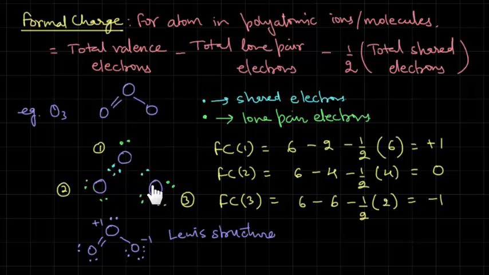The number of shared electrons is 2, half of it is 1. So 6 minus 6 minus 1 comes out to be minus 1. So this will be the Lewis structure of your ozone molecule. That's the end of this part. We'll continue chemical bonding in the next lecture.